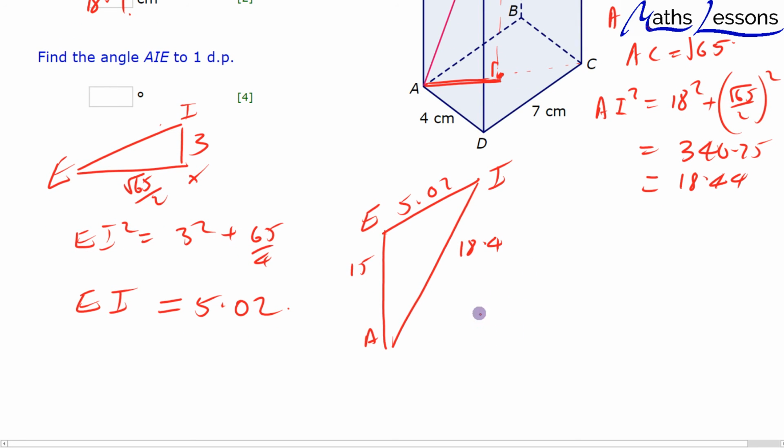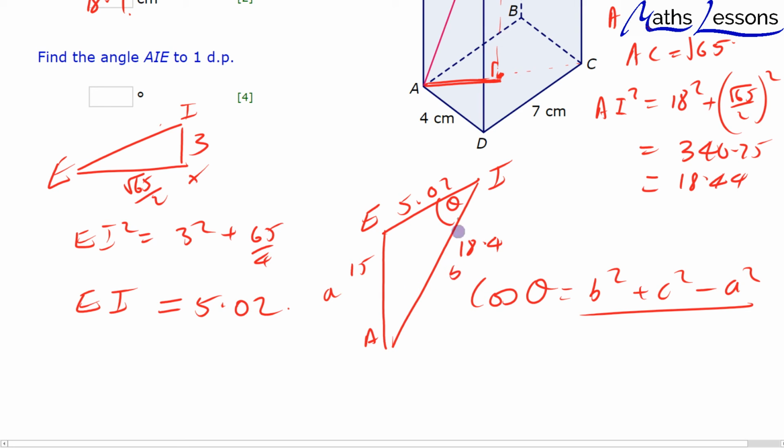So what we're going to do, we know that, call that theta, so the cos of that angle will equal b squared plus c squared minus a squared, where a is going to be the opposite side, that's b and that's c, and that's going to be over 2bc. We rearranged that earlier to find that. Go back to previous in the video if you don't remember how we got that.